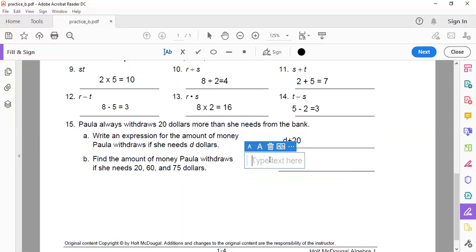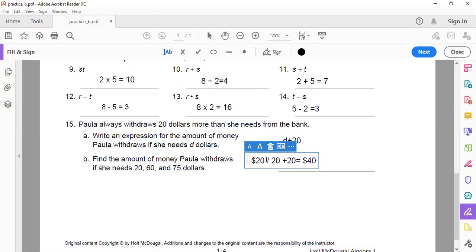So for $20, let me put this dollar sign, okay? So when she wants $20, how much is she taking? Our expression was D plus 20. So it's going to be 20 plus 20, which is going to be $40.